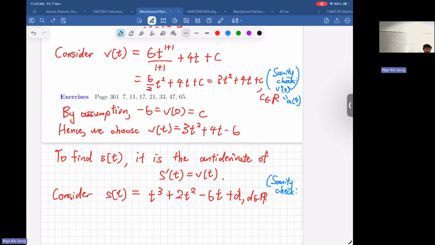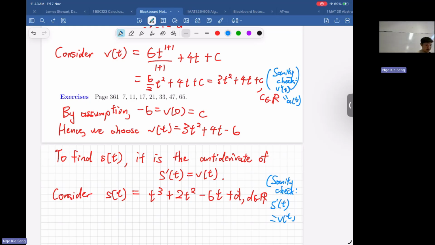Not every one of you checked, but I hope that you check yourself. If not, you check on the paper. It will be safe. So how to check here? You should check that x'(t) is really equal to V(t). So let's quickly check. t cubed, you differentiate, you get 3t squared. 2t squared, differentiate, you get 4t. Minus 6t, differentiate, get minus 6, and the constant differentiates to 0. So you get your V(t).